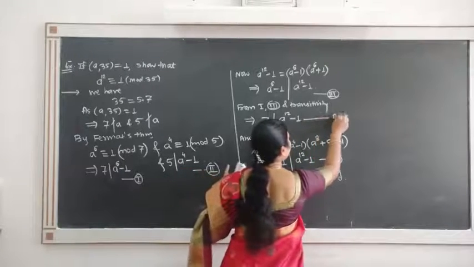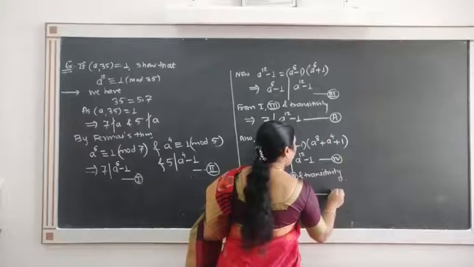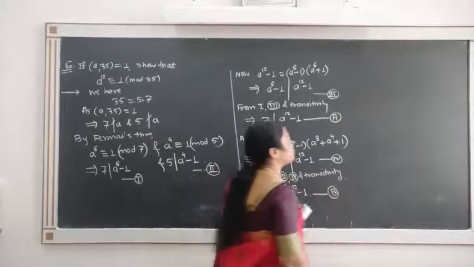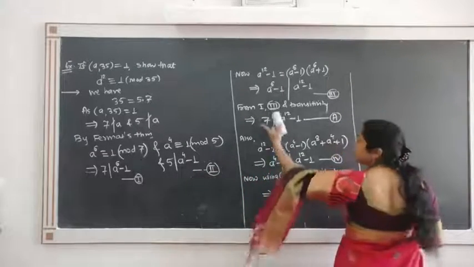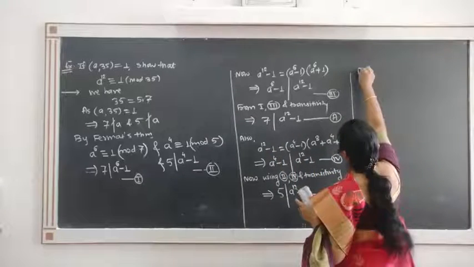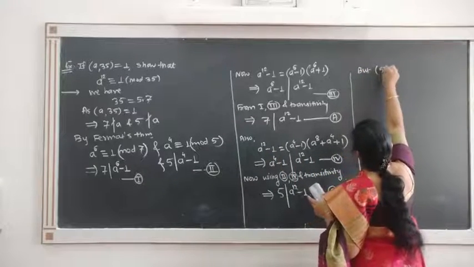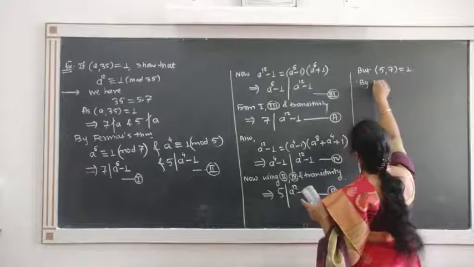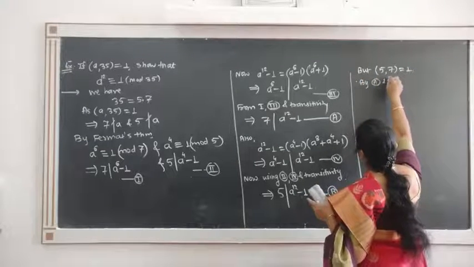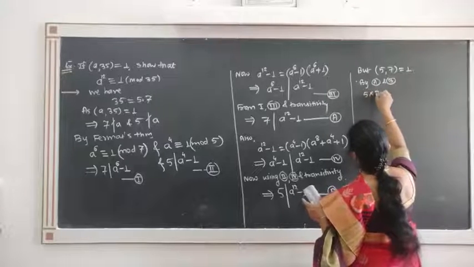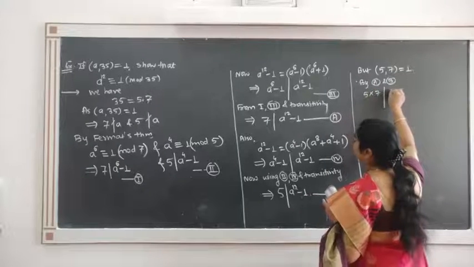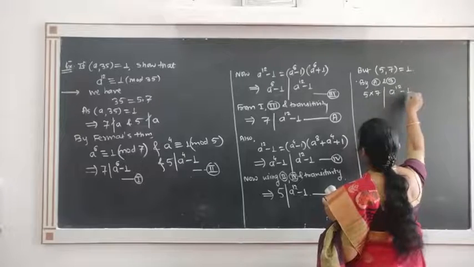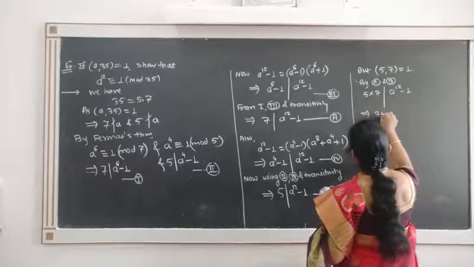So 7 divides A raised to 12 minus 1, 5 divides A raised to 12 minus 1, and GCD of 5 and 7 is 1. So by using this, we have 5 into 7 also divides A raised to 12 minus 1. 5 into 7 is 35.